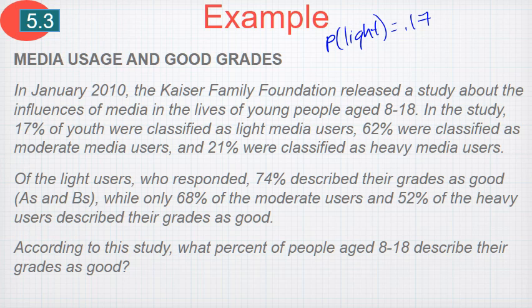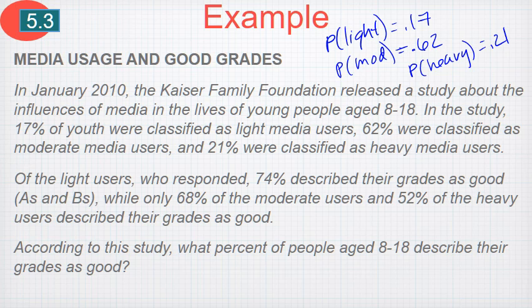62% were classified as moderate media users. So moderate was 0.62. Okay, and 21% were classified as heavy media users. Heavy, okay, 0.21. Of the light users who responded, 47% described their grade as good, like A's and B's.